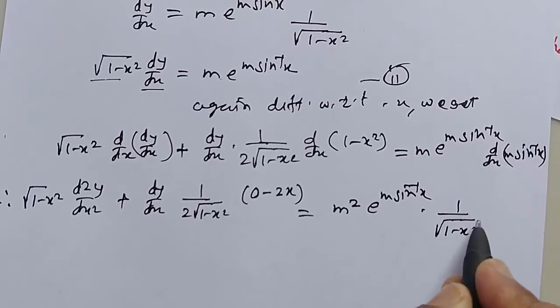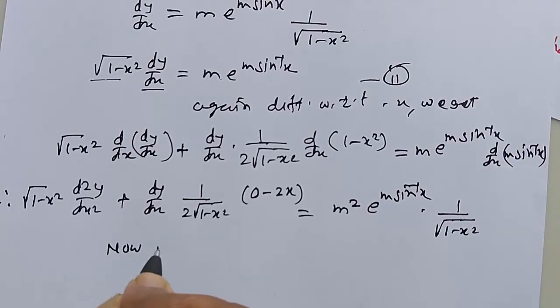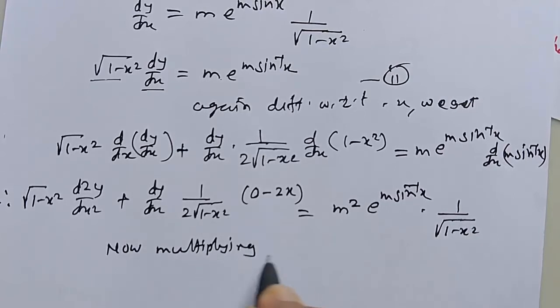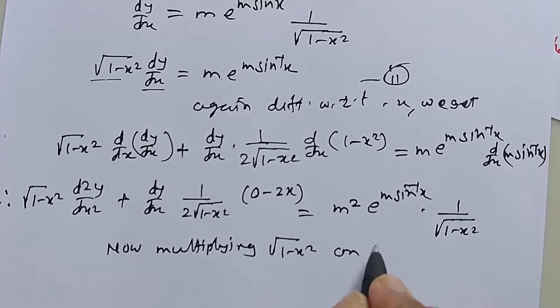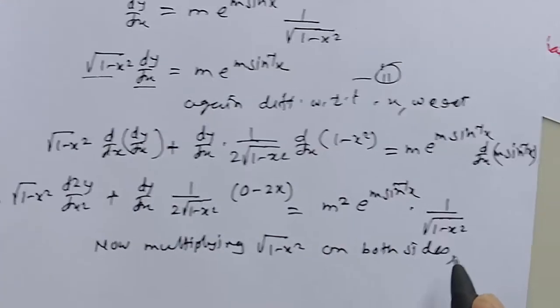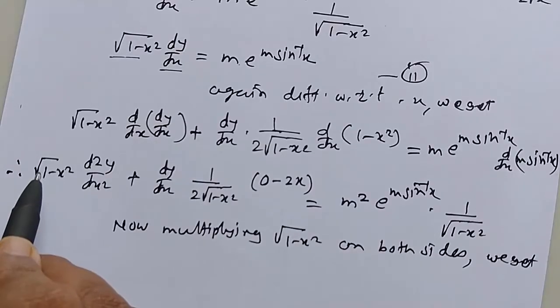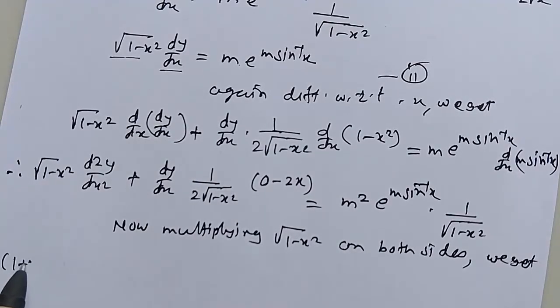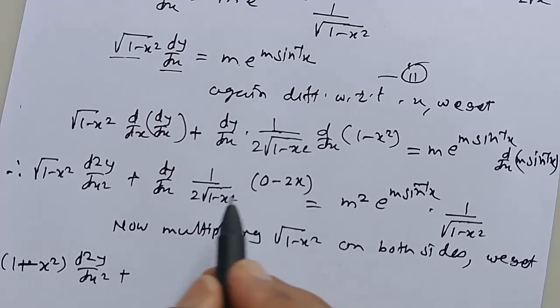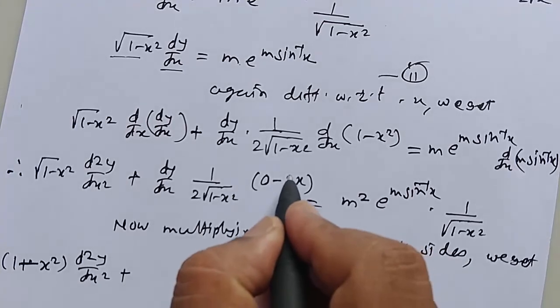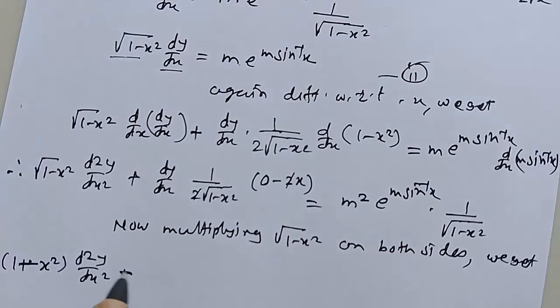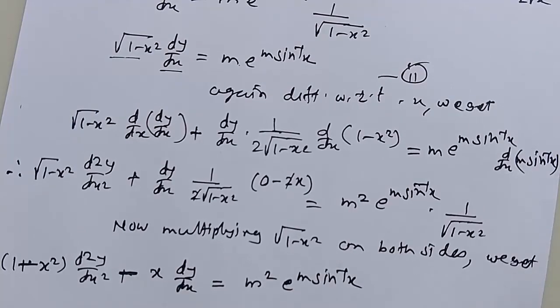Now multiplying under root of 1 minus x square on both sides, we get 1 minus x square d2y by dx square plus, the 2 gets cancelled, minus x dy by dx is equal to m square e raised to m sin inverse x.